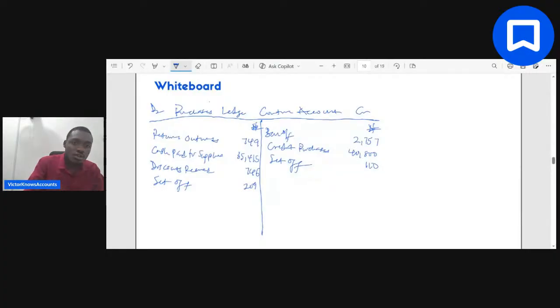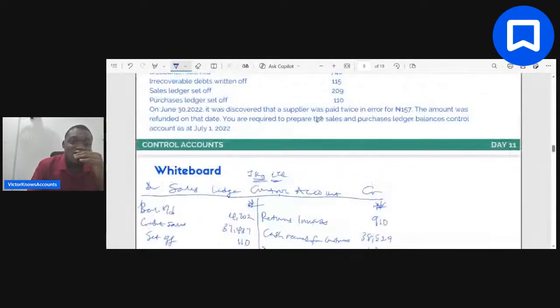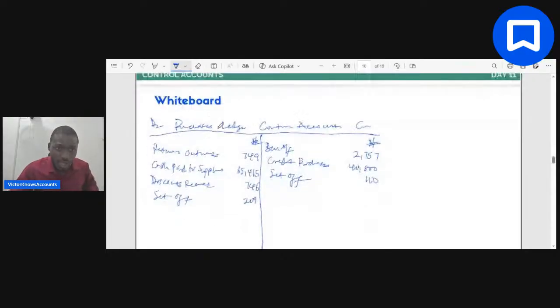All right, but let's see if we're actually done. It says that on June 30 it was discovered that we made a payment to a supplier of 157 naira, but we paid it twice. So they had to refund us. This money that we paid to suppliers, we paid 157 naira twice, so they refunded it to us.